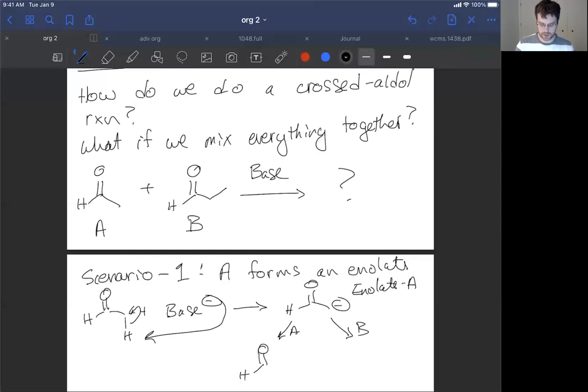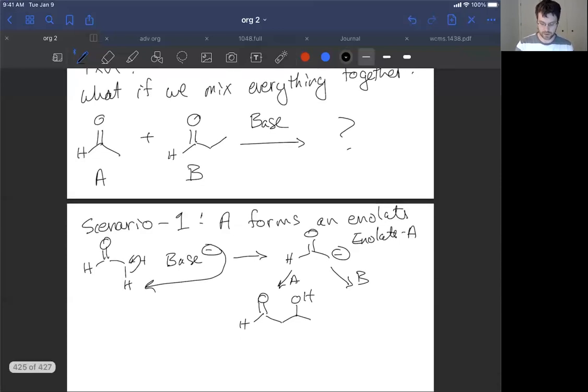Now you could prove to yourself that after workup, these are the products you get, where you form a new bond and you have a methyl group. You have a new bond to B, which puts a hydroxy group at the beta position, but also puts an ethyl group at the beta position. Okay? So reacting with A or B. Now what we have here are two products.